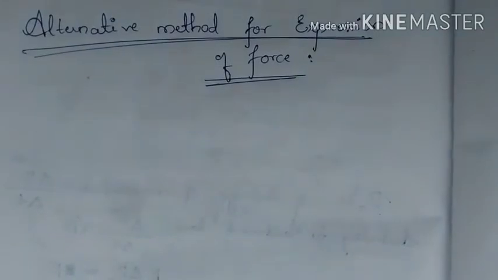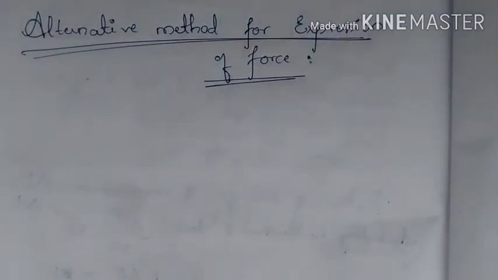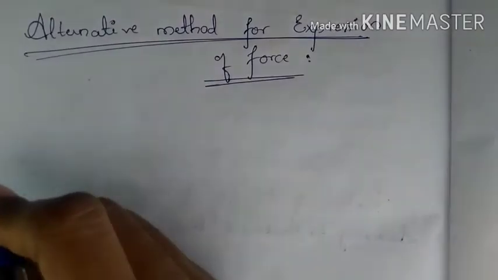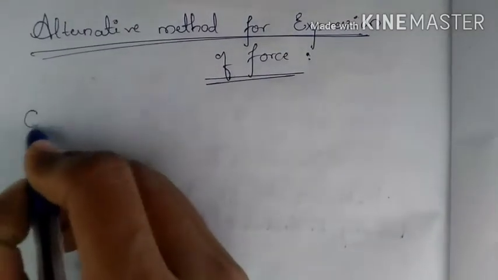So to derive the same equation, let us consider a body of mass m moving along a straight line with the initial velocity u.